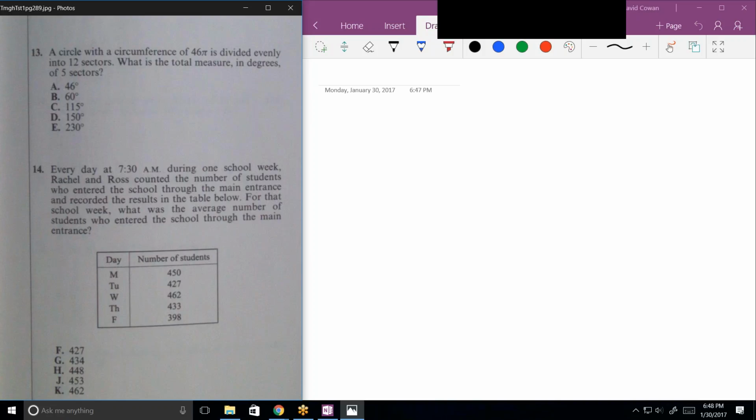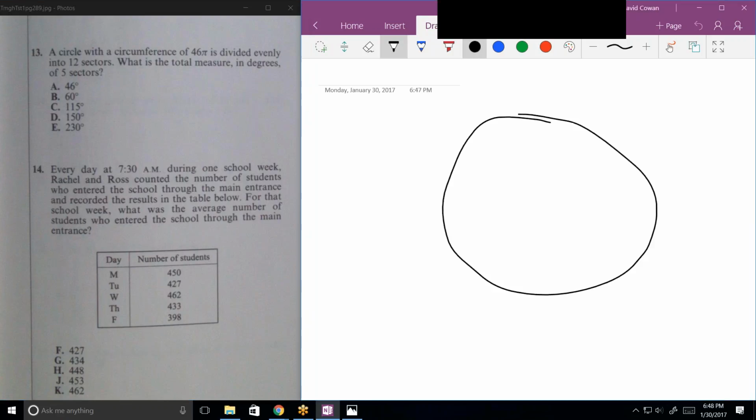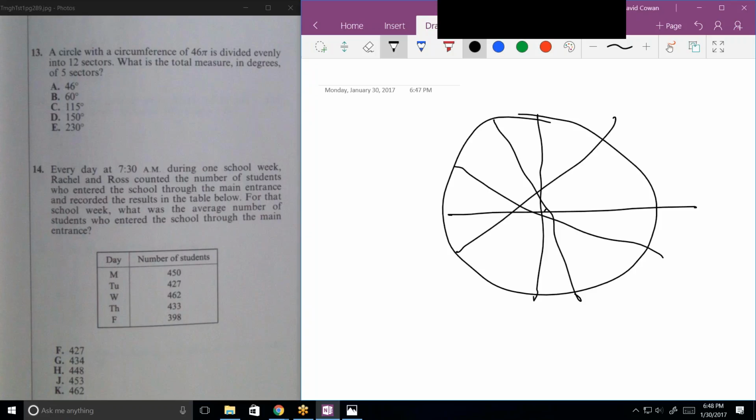Let's draw a circle and split it up into 12 sectors. What's the measurement of each of those sectors?